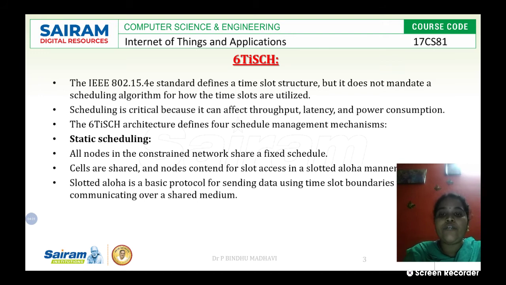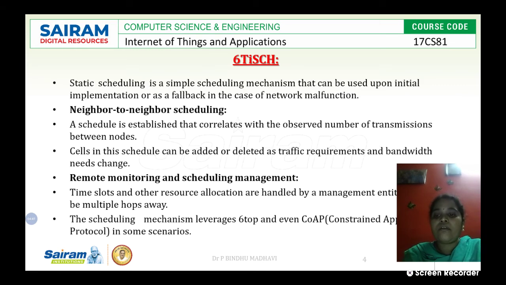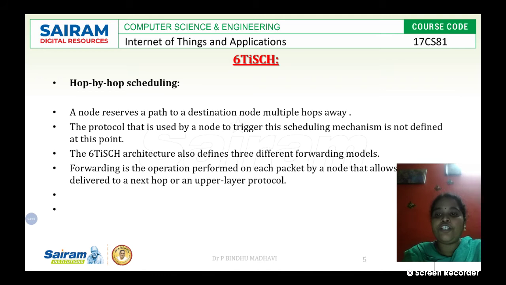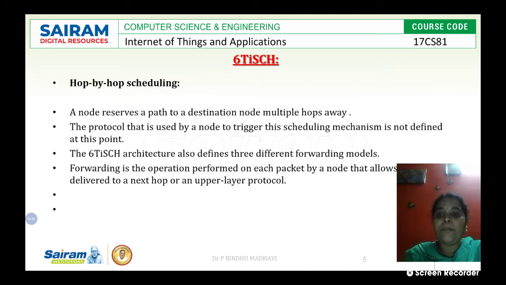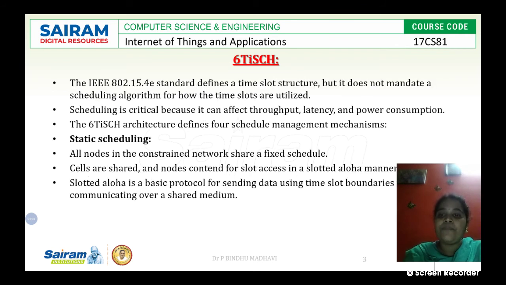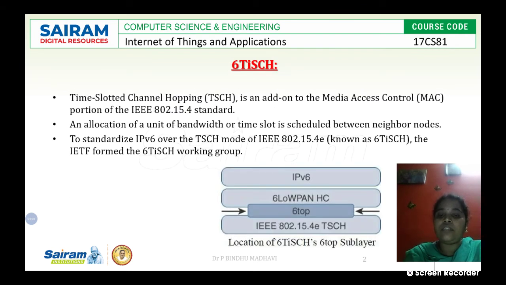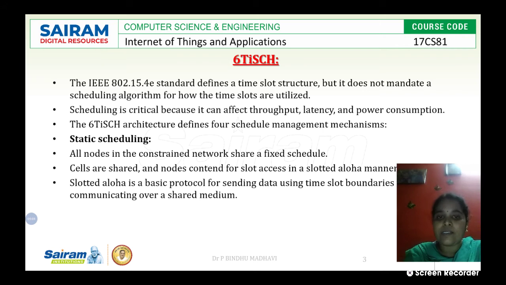And there are different schedule management mechanisms, as I mentioned: the static schedule mechanism, and also you could see the neighbor to neighbor scheduling algorithm, remote monitoring and scheduling management, and hop by hop scheduling. All these scheduling processes are meant for communication, and for when the communication should happen, like how the time slots are utilized, which we were just discussing.